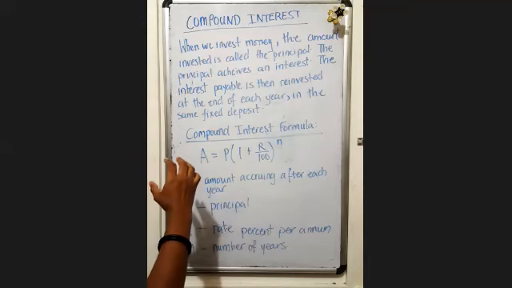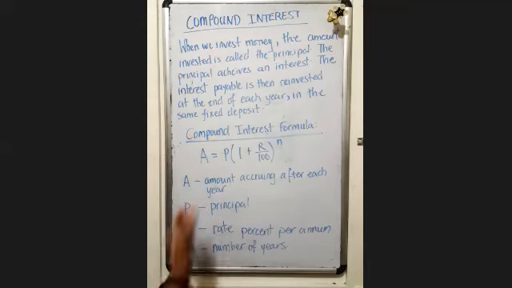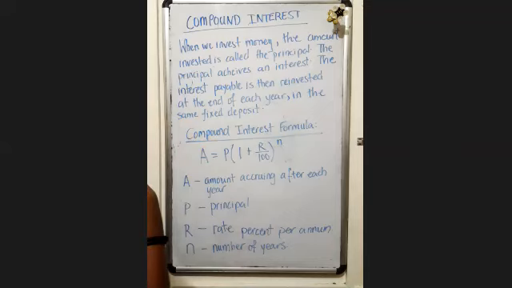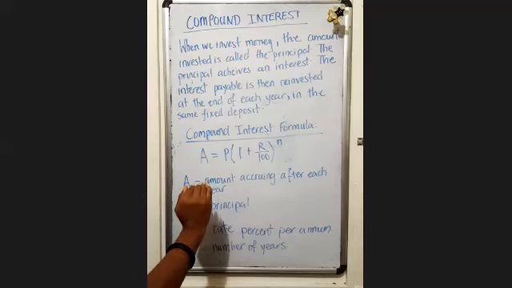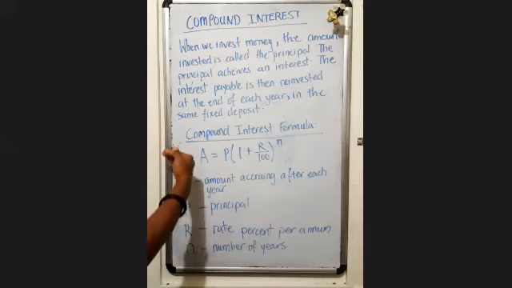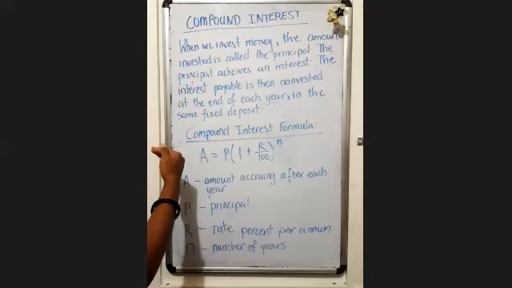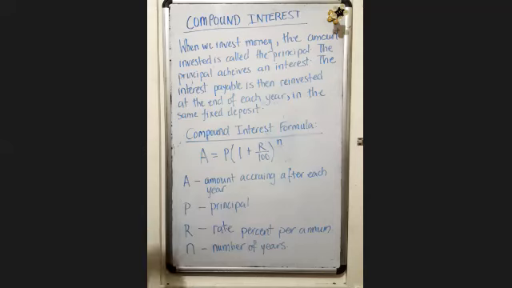So if we have $5,000 and it's being invested at a rate of 5% for 3 years, what is happening is at the end of each year, you receive an interest, it is reapplied or reinvested to your principal, and then you work it out again for the second year.